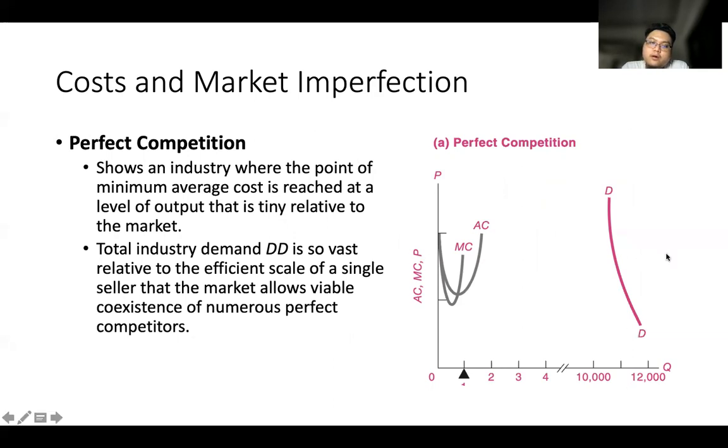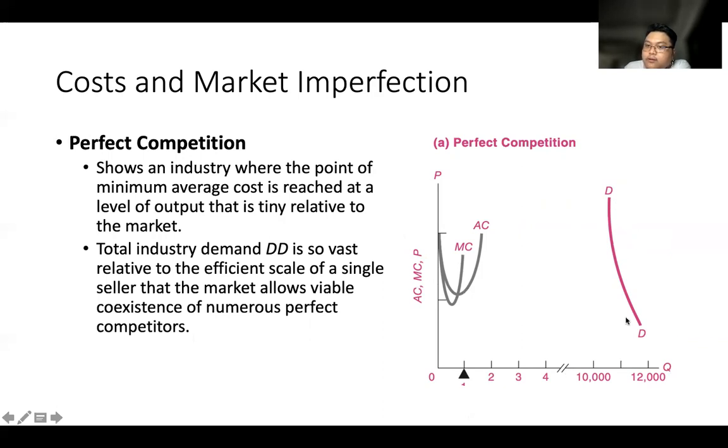So this shows an industry where there is perfect competition. It shows an industry where the point of minimum average cost is reached at a level of output that is tiny relative to the market.